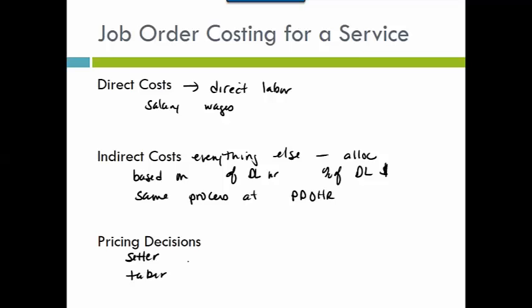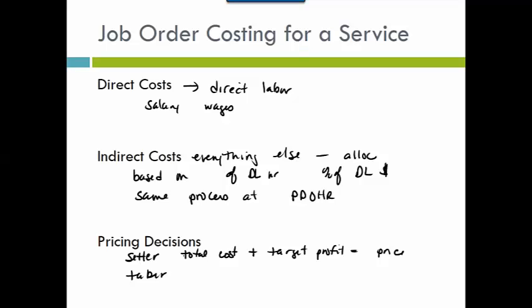If you are a price setter, you have some control, people are willing to pay more for your product, you've set yourself apart for whatever reason, you take your total cost and you add in your target profit, the profit you want to earn, and that's the price you charge to the consumer. Okay, it cost me $20. I want to add a profit of $7. I charge them $27. Which again, if you don't understand how much it costs you, then you're not getting the profit you think you're getting.